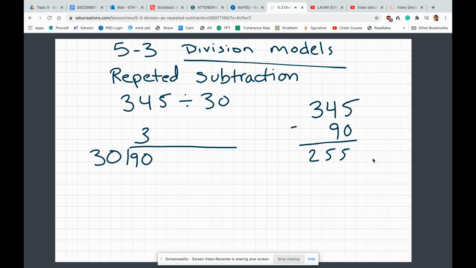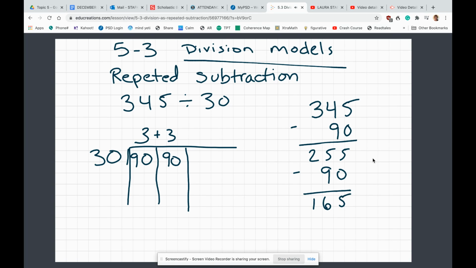Well, yeah, there's definitely another 90 in there. So I'm going to do it again. I'm going to add some lines. 3 times 30 is 90. So now I'm going to subtract another 90, which is 165. Yep, there's another 90 in there. So I'm going to go 3 times 30 is 90.